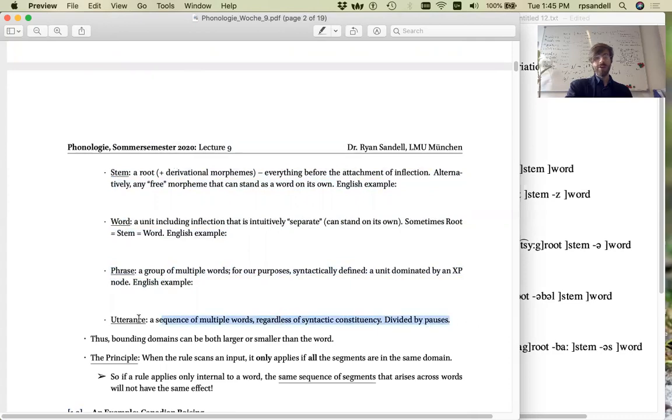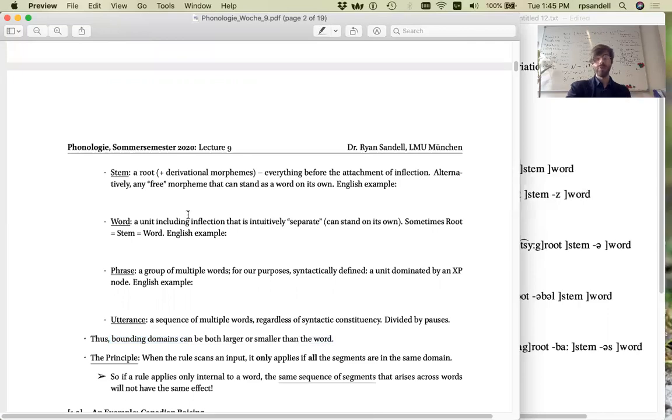And finally, there are a few phonological processes, and we'll see one example in a few minutes, in which it doesn't matter if there are any of these other boundaries. The process simply looks to see if the segmental context necessary for its application is there, and then it applies. So as we see, these so-called bounding domains can be both larger or smaller than the word.